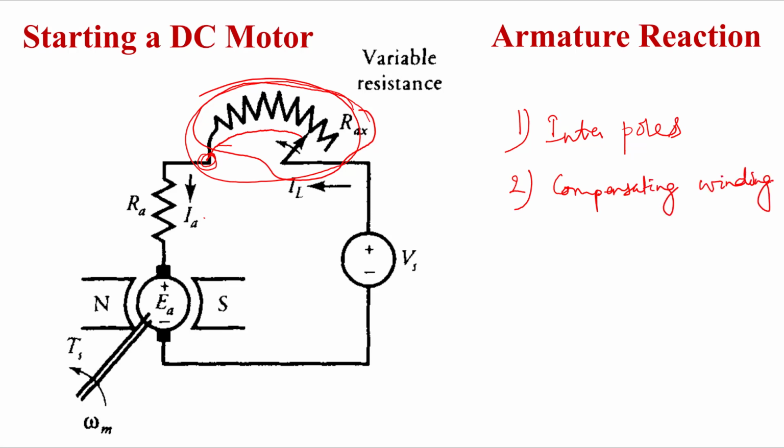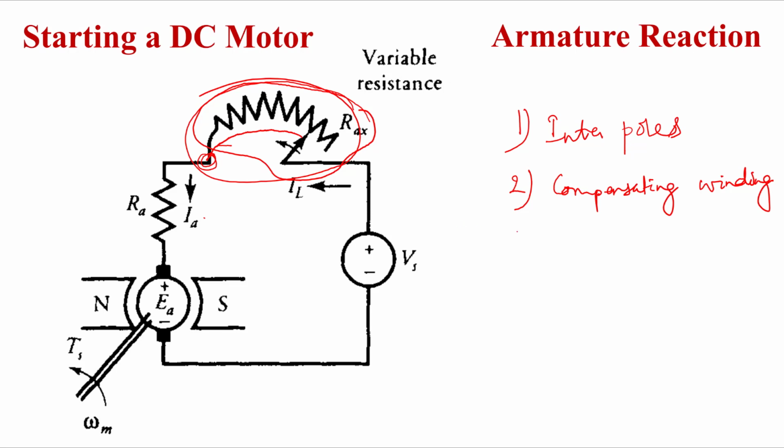So the connections of the interpoles and compensating windings need not be changed because they are connected in series with the armature. Whatever direction the current flows, accordingly in the interpoles and the compensating windings it will adjust and oppose the field generated due to the armature, right?